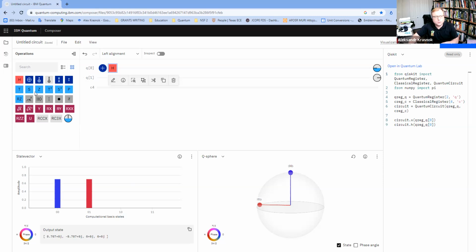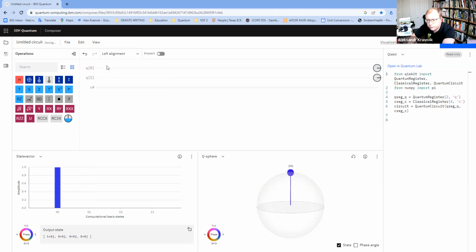Today we will practice with this platform. We will solve a number of examples, analytically and using this IBM platform.